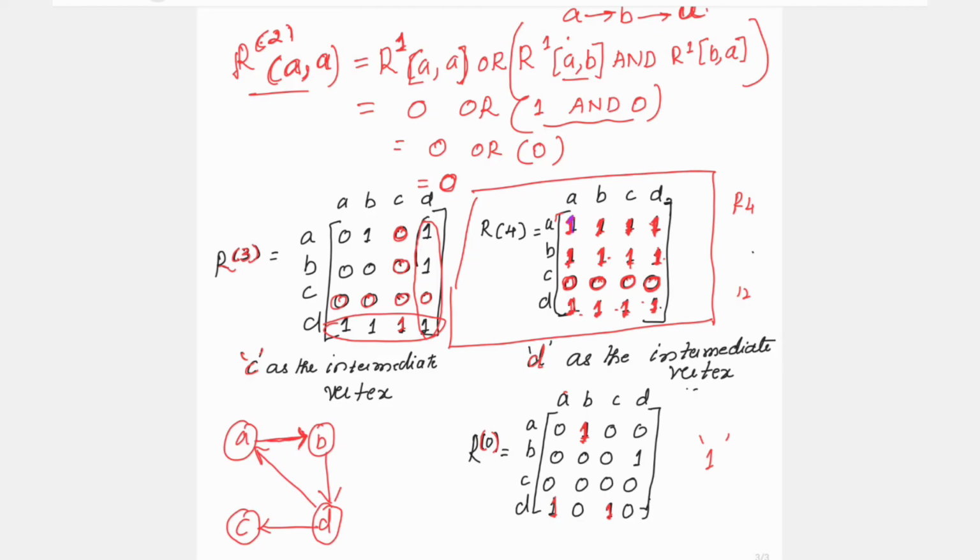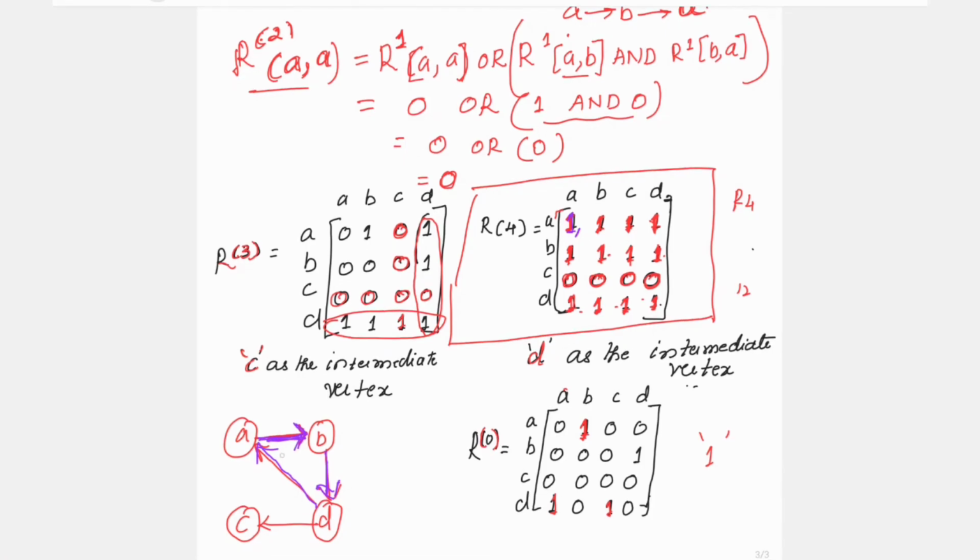Now you can check A to A is 1 in our final matrix. Because there is a path existing, yes, A to A you can travel via B. A to B first, B to D and then D to A. A to B, here there is A to C. A to C also there is a path, A to B, B to D and D to C. Then A to D, A to B first and B to D.